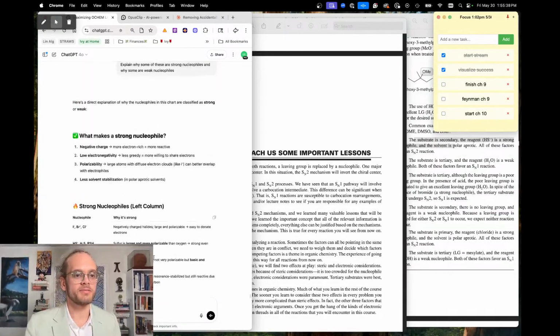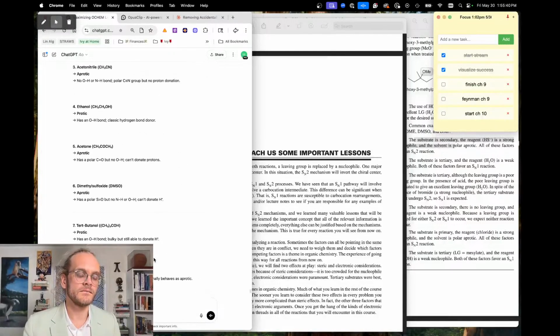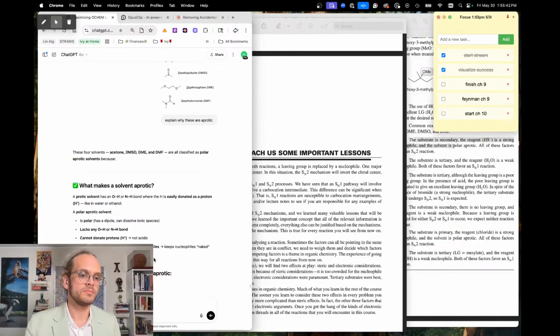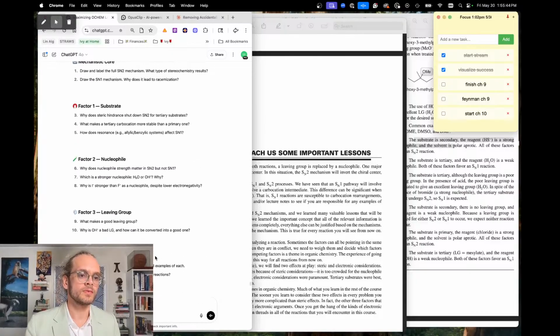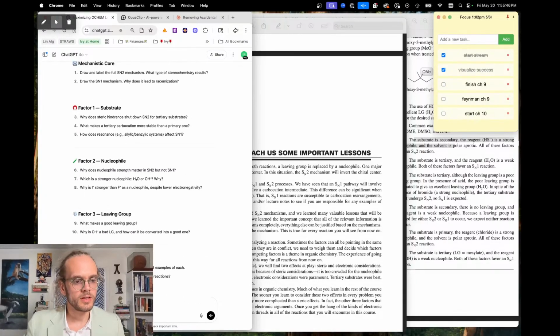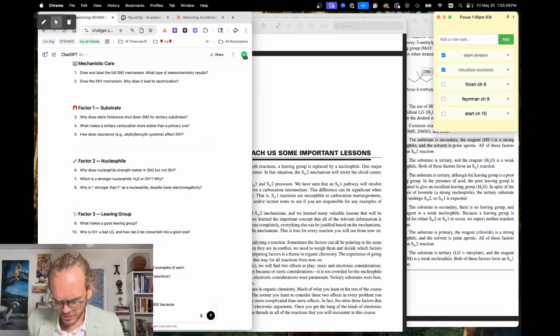Nucleophilic effects. Time for number 6. Let's go. Number 6. A nucleophile's strength matters in SN2 because it has to be strong enough to overcome forces for the backside attack.